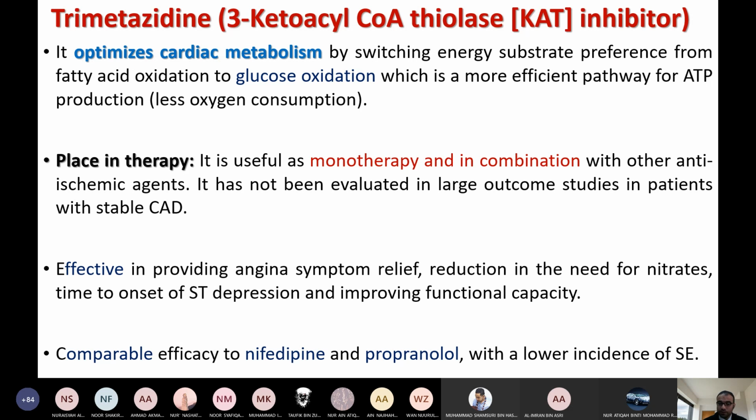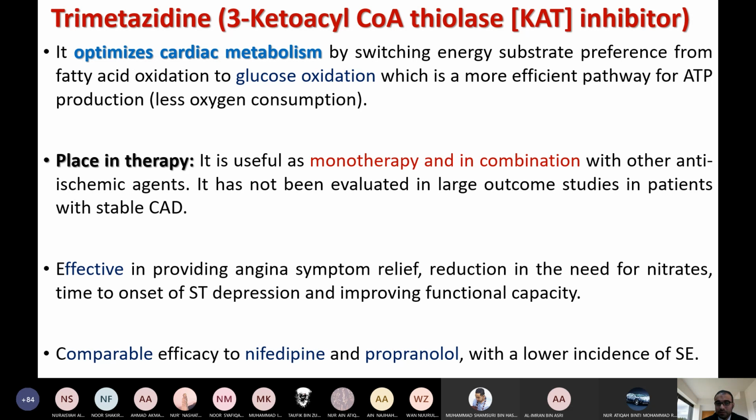Trimetazidine, this is the second agent of the relatively new anti-ischemics. Trimetazidine is also very unique in its mechanism, because it is the only anti-ischemic working on cardiac metabolism. That means making the cardiac tissue utilize less oxygen by switching the energy substrate for ATP production to be more dependent on glucose oxidation.